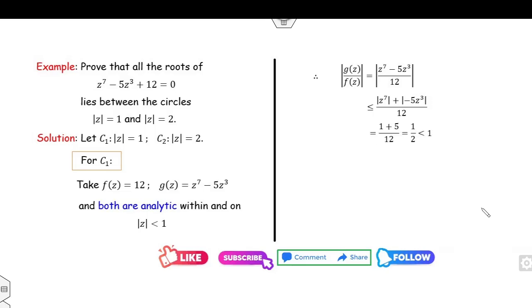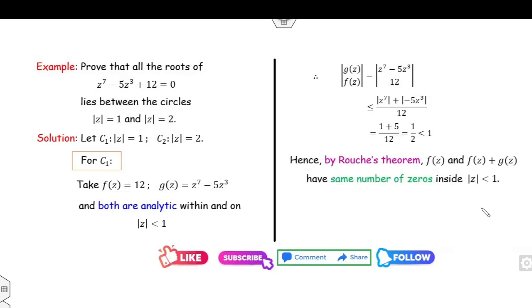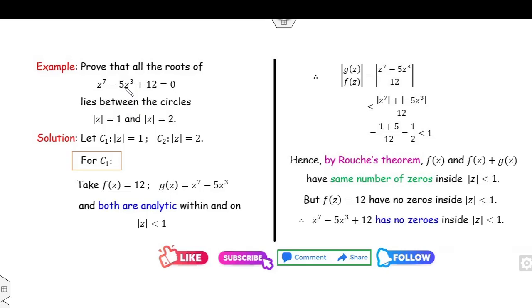So now both the properties are satisfied. Therefore by Rouche's theorem, f and f plus g have the same number of zeros. But what are the zeros? f(z) is 12, how many zeros are there? There is no zero. There are no zeros in the circle |z| less than 1. This implies the given function has no zeros inside the circle |z| less than 1.